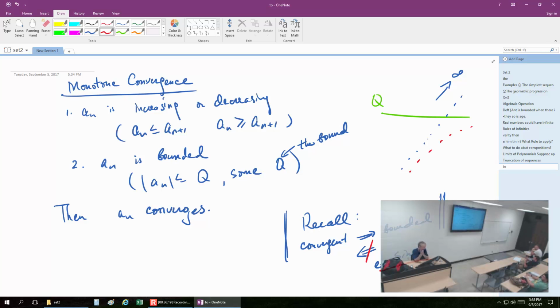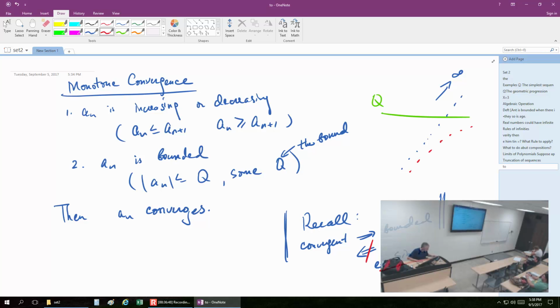Bounded means convergent, no. Okay, and that's why you have to add an extra condition in order to be able to conclude convergence. That's what this theorem is about. If you also add to boundedness monotonicity, increasing or decreasing, then you can conclude convergence. Okay, so the interaction between these concepts is somewhat complicated, as you can see.